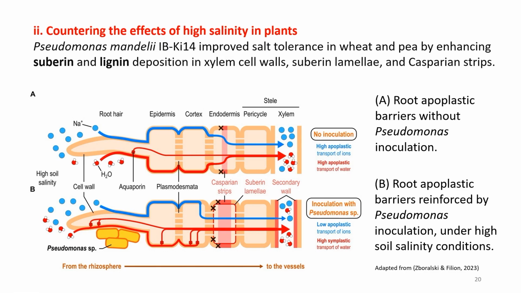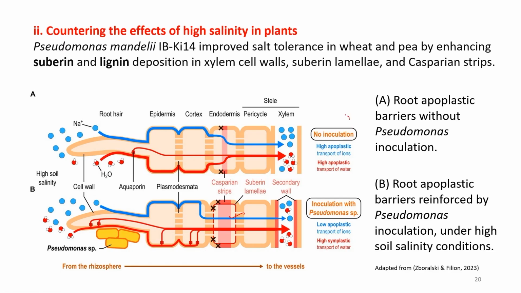For example, Pseudomonas mandelii strain IBK14 improves salt tolerance in wheat and pea by enhancing suberin and lignin deposition in xylem cell walls, suberin lamellae and Casparian strips. You can see here the suberin lamellae, and then there are the Casparian strips.